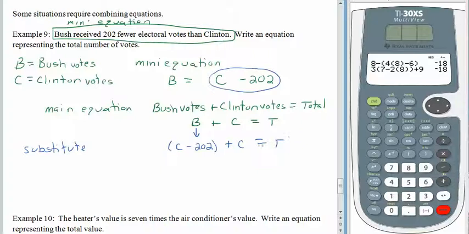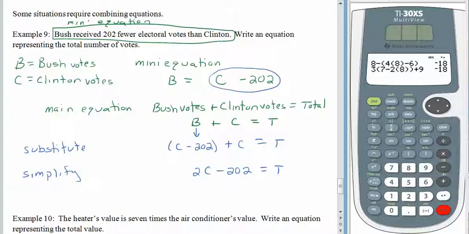Everything else stays the same, but I had more information about the Bush votes, so I want to use it. When I look at this, on the left-hand side, I see some like terms I can combine. So I'd like to simplify it. 1C plus another C gives me 2C's minus 202, and that should equal my total.